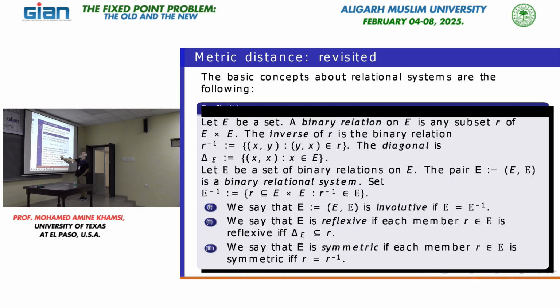Okay, now, you see the ball? Remember what I told you: the distance from x to y less than what? R. But now it is no longer the distance between x and y. It's now a relation, yes? So R is the relation. So you have the ball, but it's a different concept of ball.